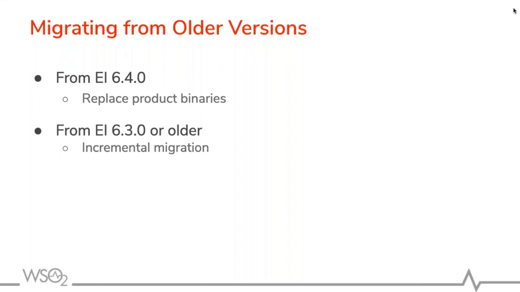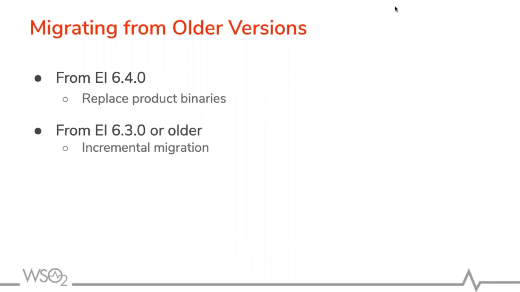Basically, you don't have to do anything other than replacing your binaries. But keep in mind, as we explained earlier with the micro integrated profile, we have changed some REST API endpoints, the configurations of REST API endpoints as to the port that is being set up and the request and response format.